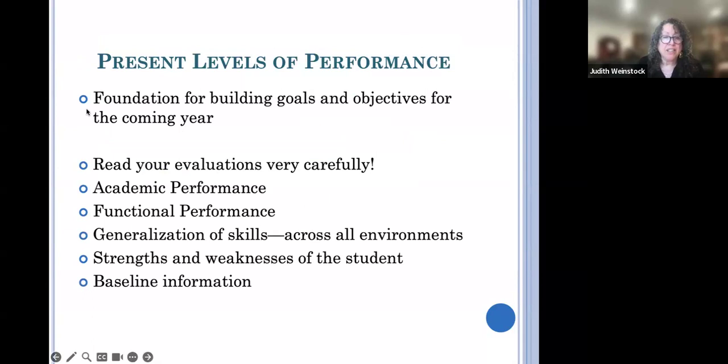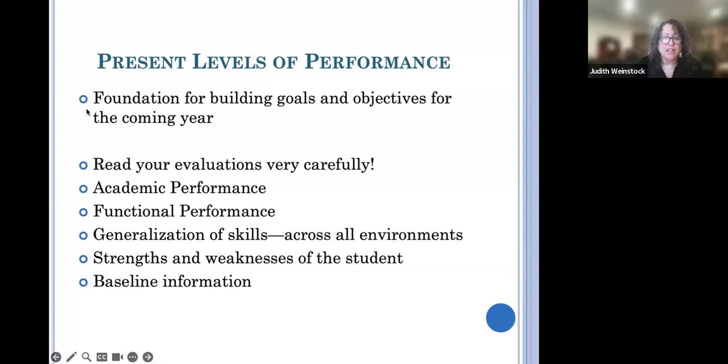So basically, we want to advise parents and guardians to read the evaluations very carefully. Whether it's the evaluations from the school district, an independent evaluator that's been contracted with the school, or your own treating professional that has conducted an evaluation, it's very important to read the evaluations and go over them.